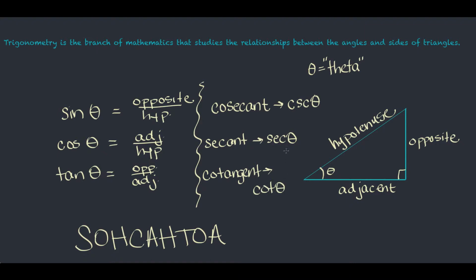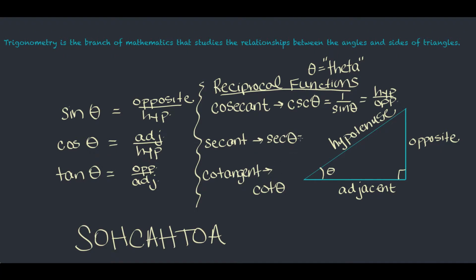These are called the reciprocal functions for a reason, because by definition, the cosecant is the reciprocal of sine. So 1 over sine theta is the cosecant of theta. If we think of it as the reciprocal of sine, it's also the ratio of the hypotenuse to the opposite side.